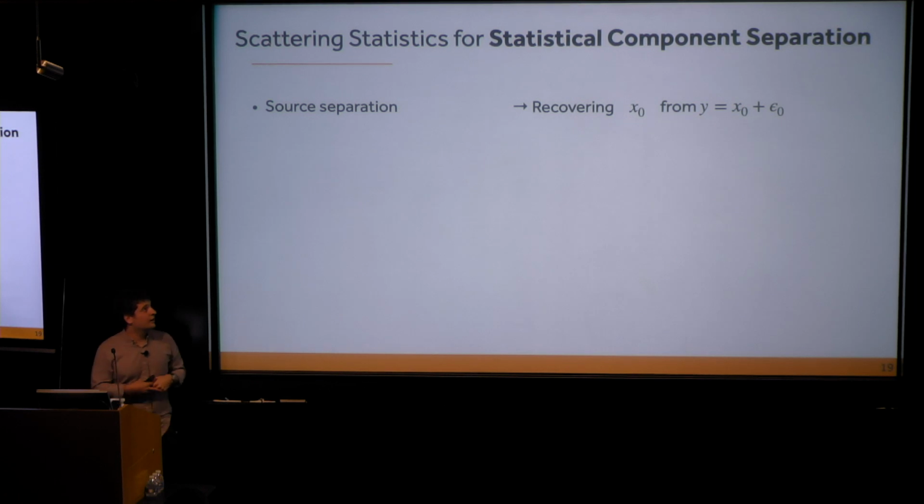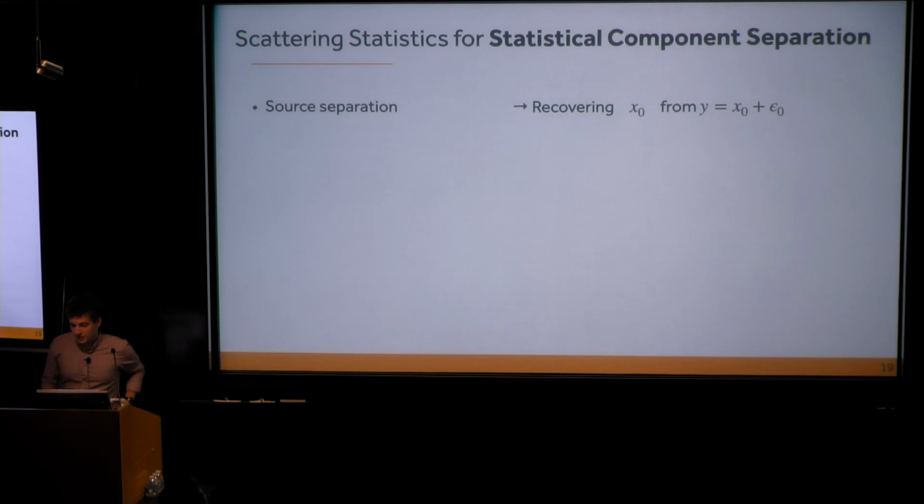And I also wanted to talk about the interest of these statistics for statistical component separation, a term I will explain. For a source separation problem, typically you want to recover a signal x naught from a linear mixture, y equals x naught plus epsilon naught, where epsilon naught is a contaminant.